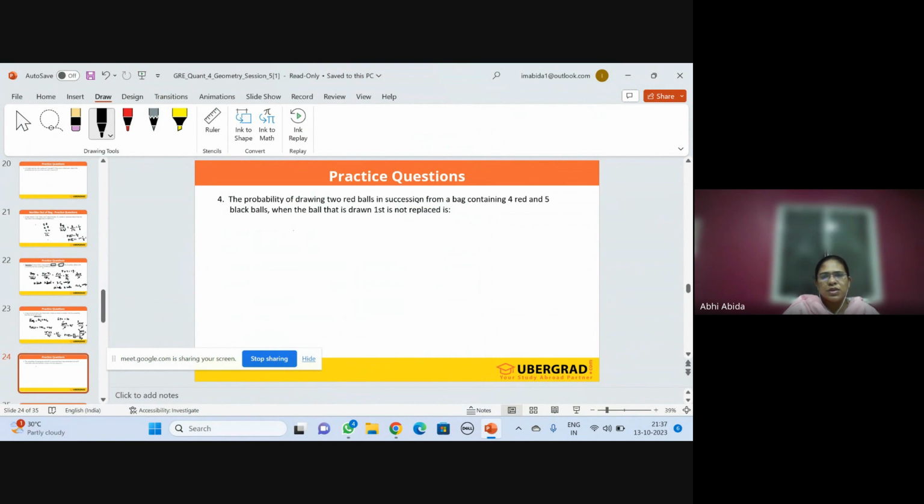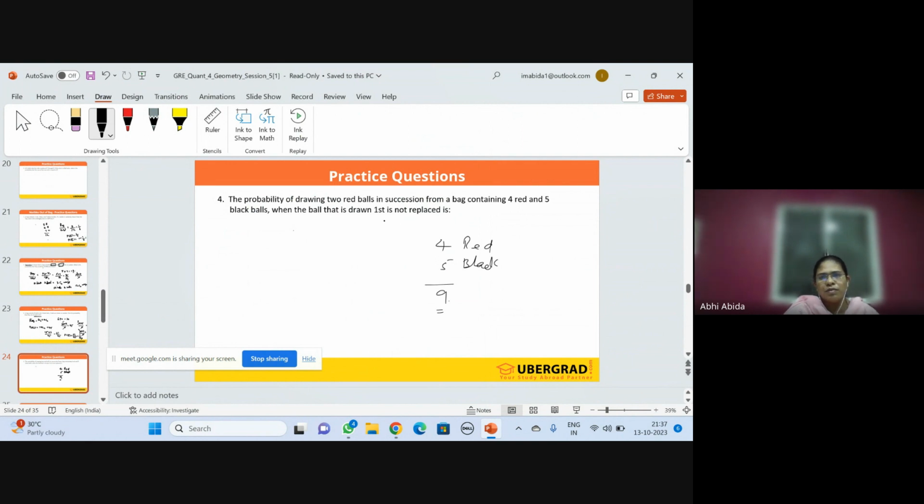Two red balls in succession, in the sense continuously 2 red balls are to be drawn from a bag containing 4 red and 5 black balls. How many total balls are there in the bag? There are 9 total balls in the bag, right? What is the condition here?